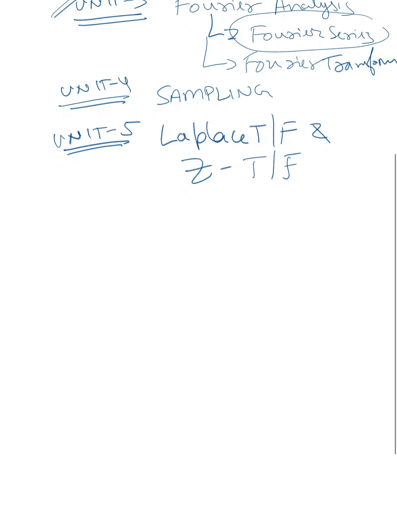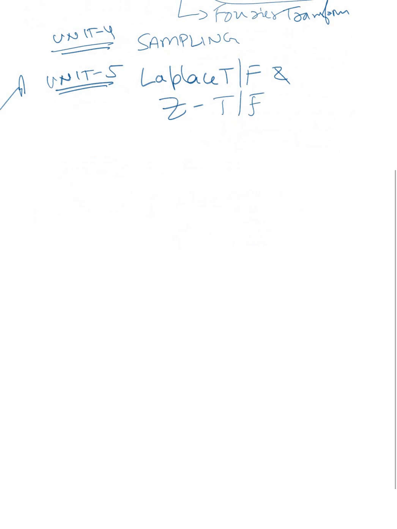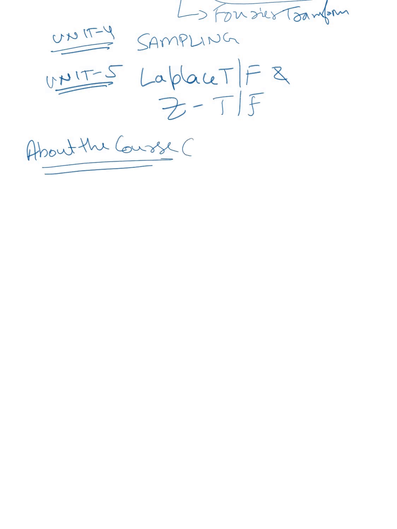Now a little bit about this course. As I've already mentioned in my introductory mail, Signals and Systems is the most basic course for any communication engineering domain student.